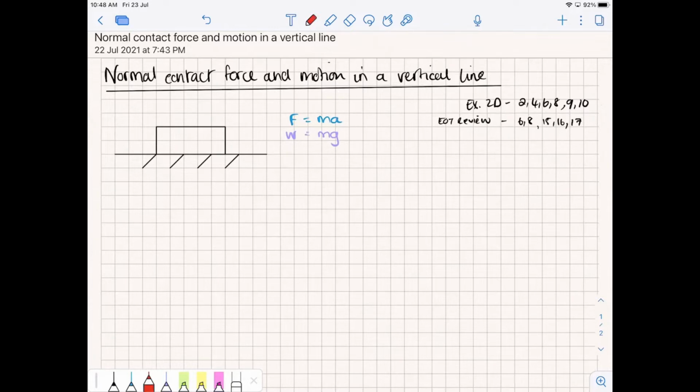that for an object to be stationary or at constant velocity, what can you tell me about the net force, Kiana, if you want stationary or constant velocity?